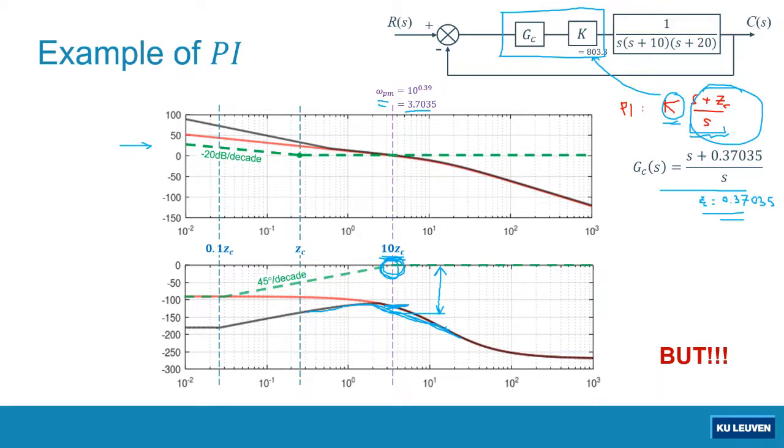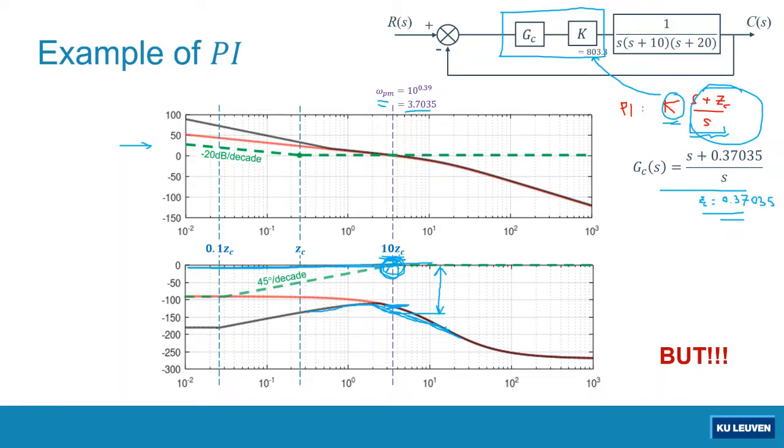So this is the problem that we might encounter when we use straight line sketching to design a PI controller. We assume that the phase value at 1 decade above the corner frequency is exactly equal to 0 here, but in fact it's not equal to 0.